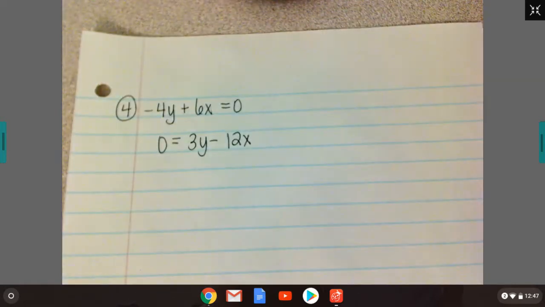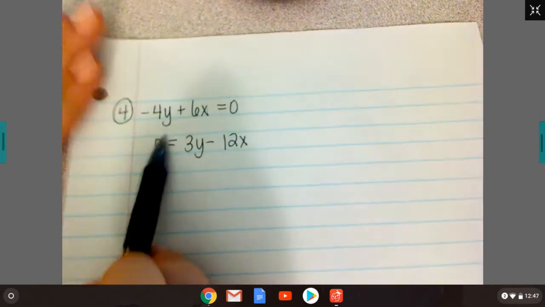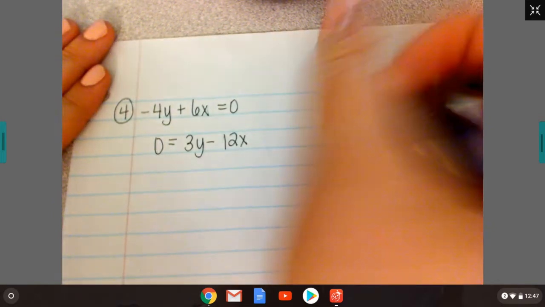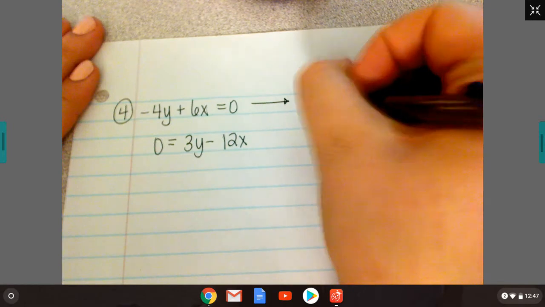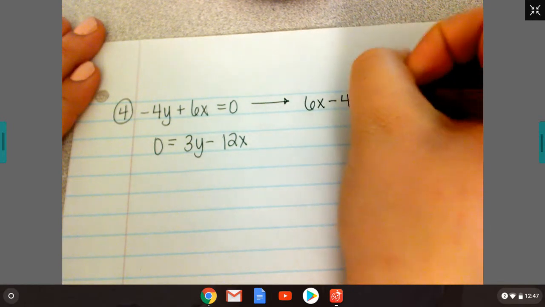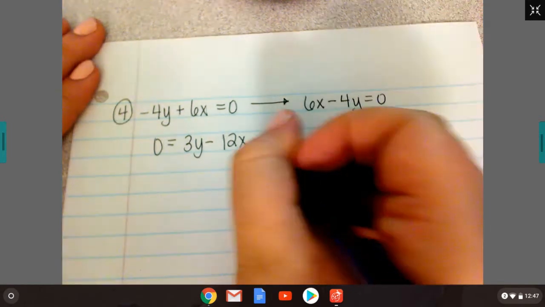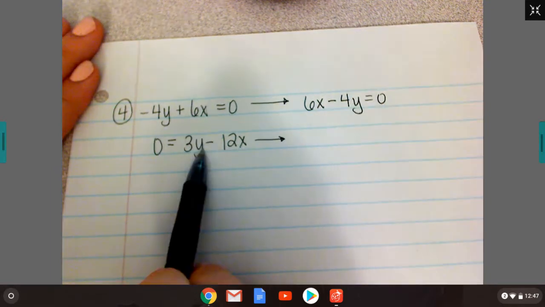The first thing to notice about this one is that they are not in standard form. So we need to get them like that before I do anything else. Standard form has x's and y's on the same side, and the numbers all on the right. So this one is close to standard form. I just need to flip-flop x's and y's. So let's do 6x minus 4y equals 0. That looks nicer.